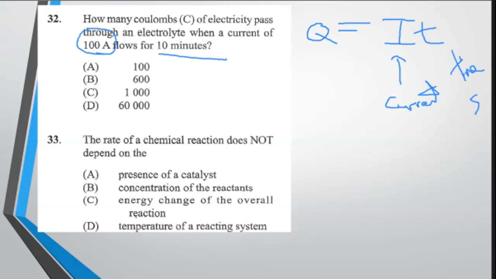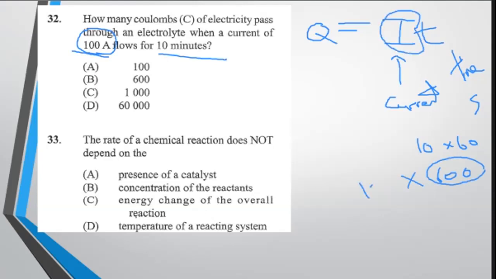To convert minutes to seconds, that's 10 by 60, because you have 60 seconds in 1 minute, and this gives us 600. So we know the time is 600 seconds, and we need to multiply that by the current, which is 100.